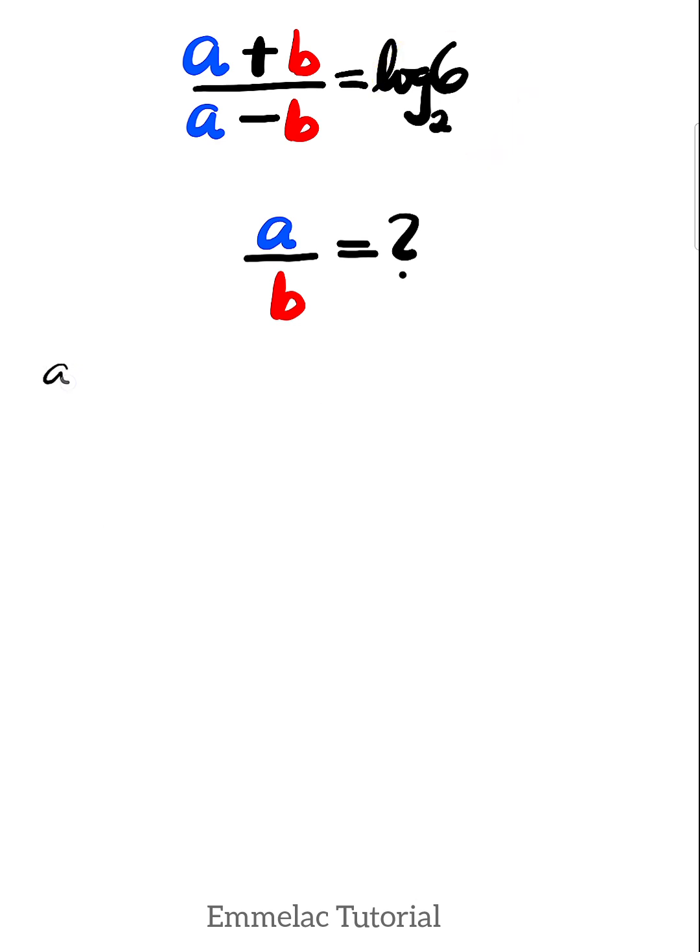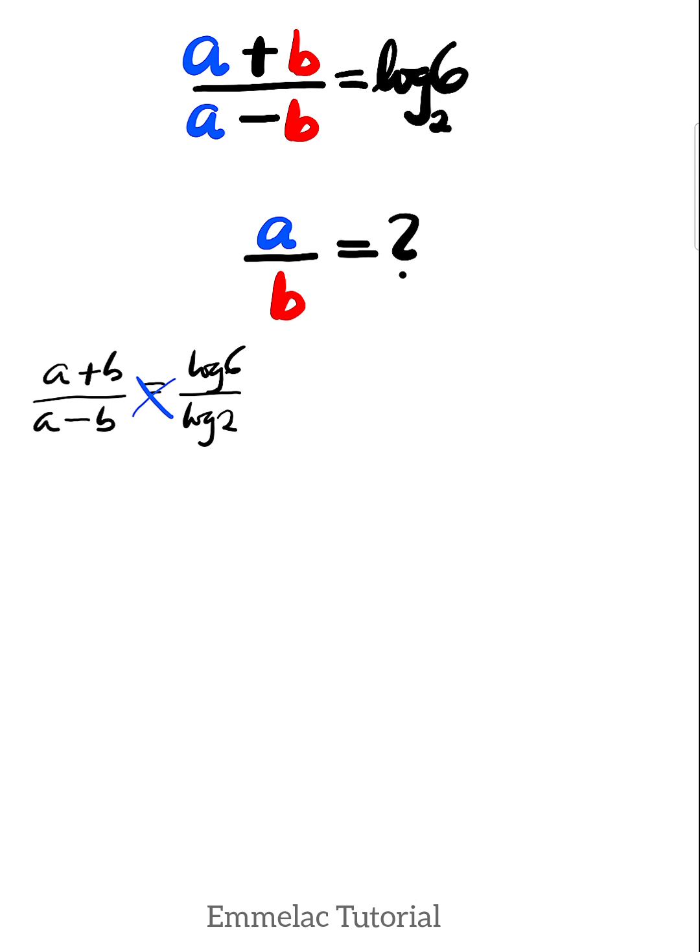So here we have that (a plus b) all over (a minus b) then equals log 6 all over log 2. Okay, so what do we do next? Let us cross multiply.